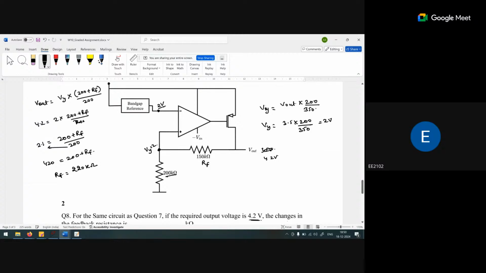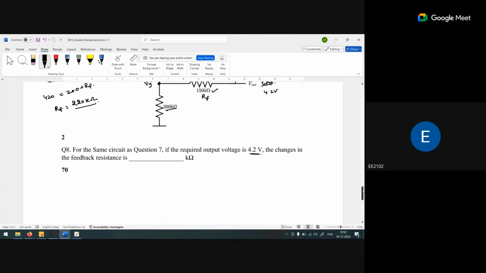Initially, what was the value? 150. Now the value is 220 kilo ohm. So the change in feedback resistance is 220 minus 150, which is 70 kilo ohm.